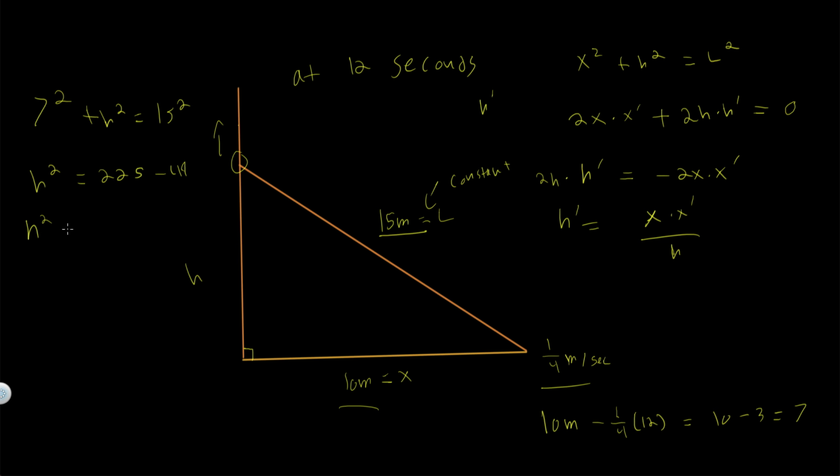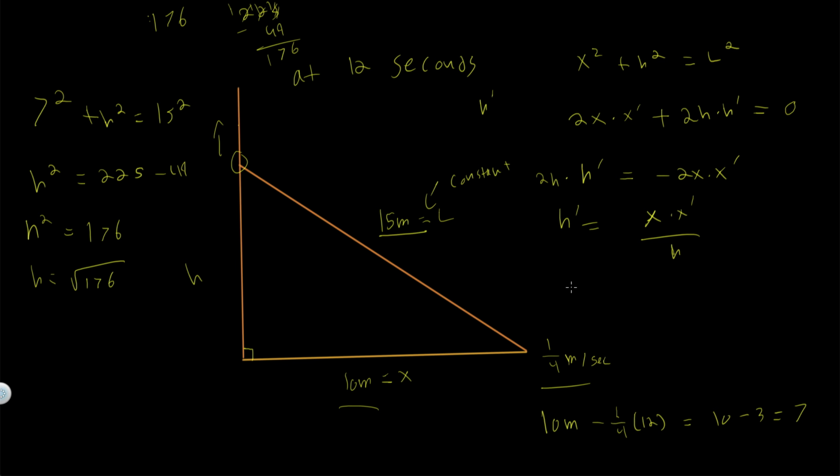And 225 minus 49, let's see what that is. That's, I believe, 176. Let's make sure. 225 minus 49. Borrow 1, 15. This is 6. This is 7. And that's 176. So this is going to be 176. Take the square root. We get h is equal to the square root of 176.